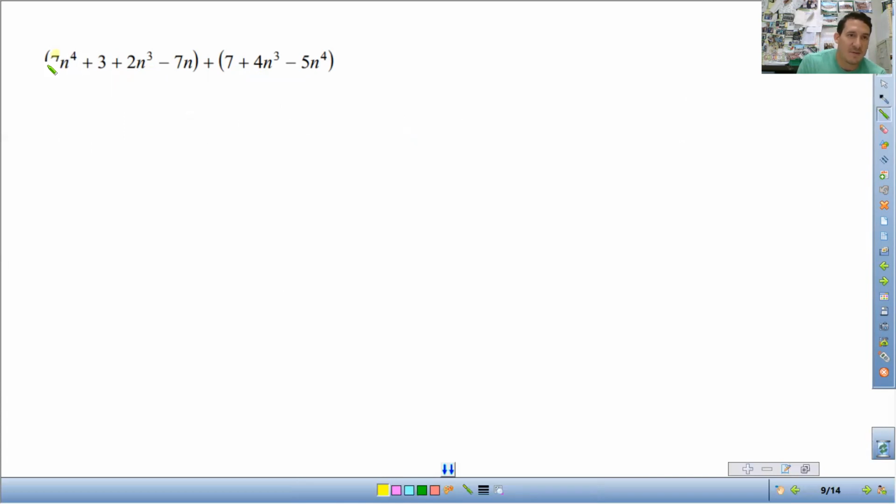Next, same thing. Identify the like terms, find them. So 7n to the 4th, negative 5n to the 4th. So that is 2n to the 4th. 4n cubed plus 2n cubed, that is 6n cubed.